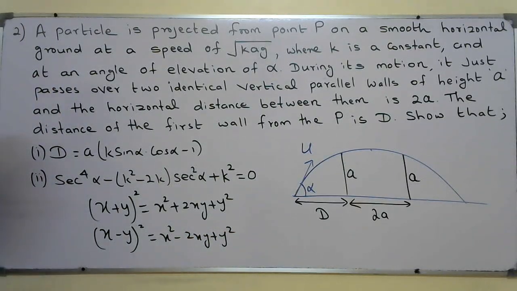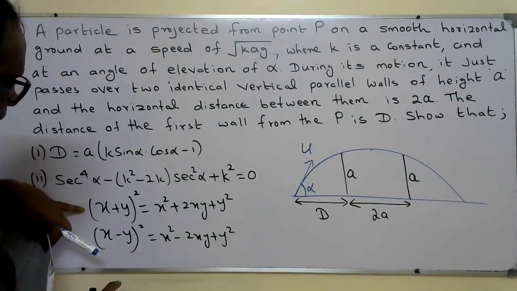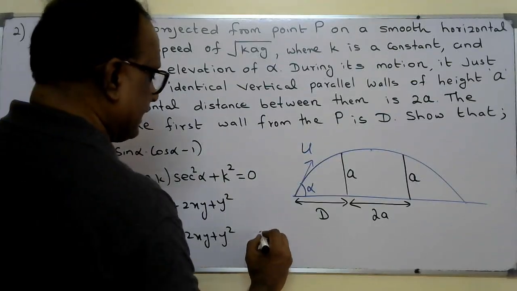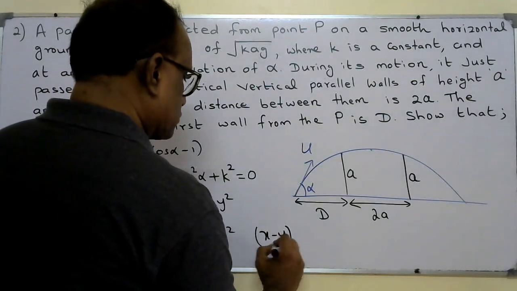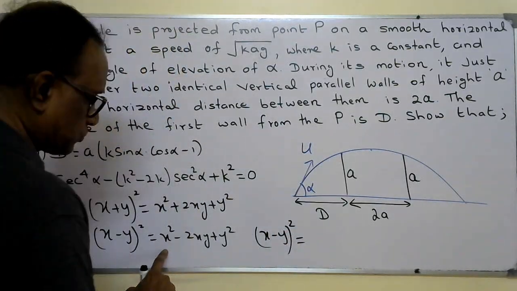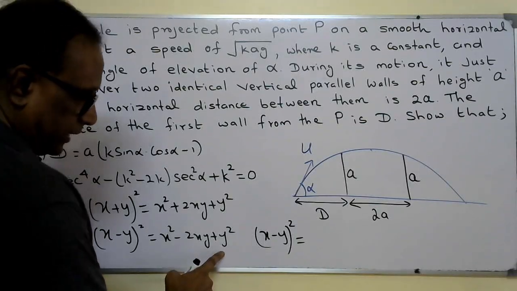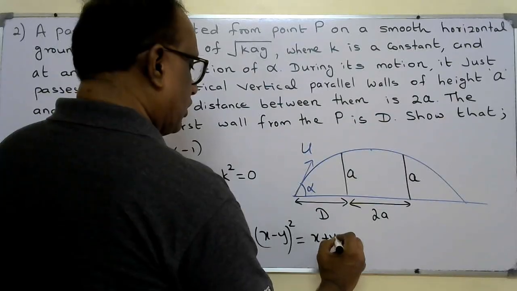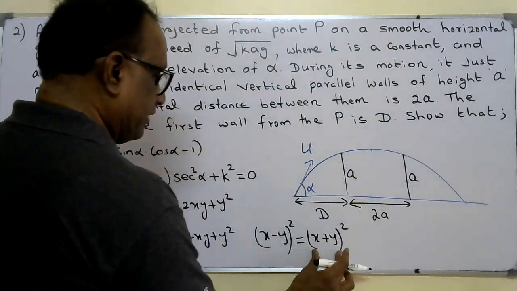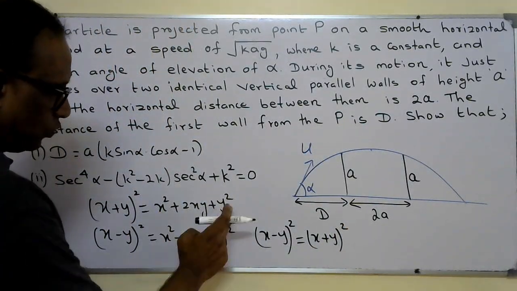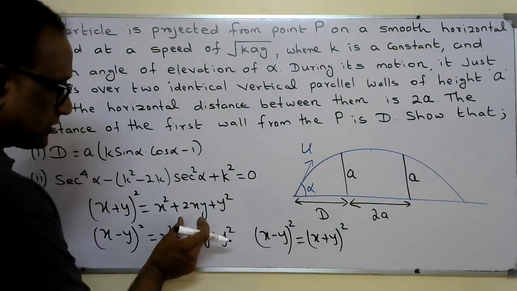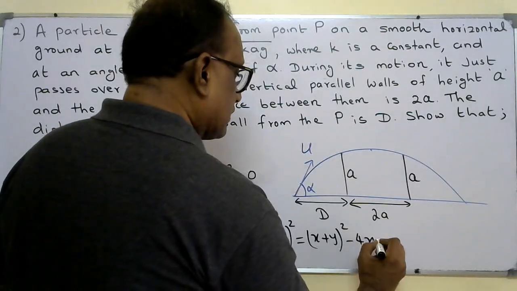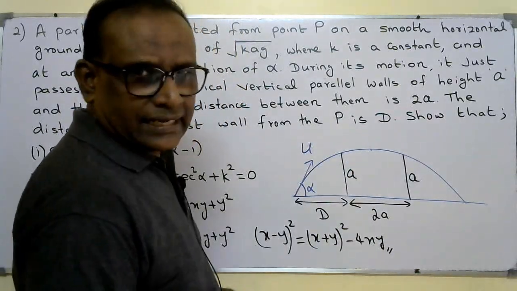If you know how to relate x plus y squared and x minus y squared, we can write that x minus y all squared is equal to x plus y all squared, where x squared is the same and y squared is the same, but here minus 2xy we are going to get plus 2xy. So minus 4xy. I'm going to use that technique here, nothing else.